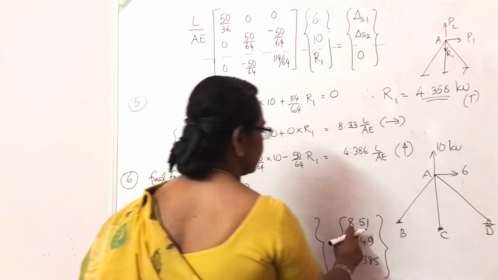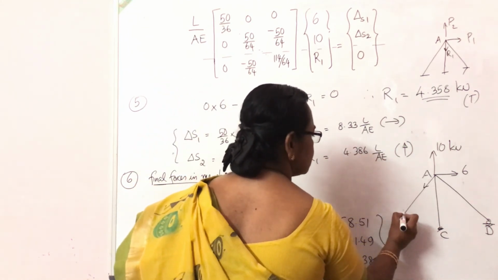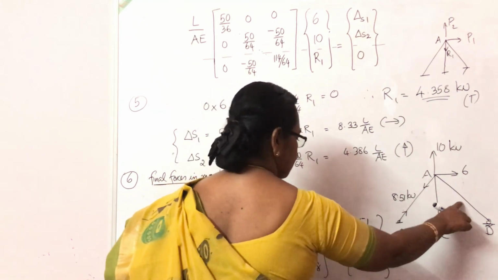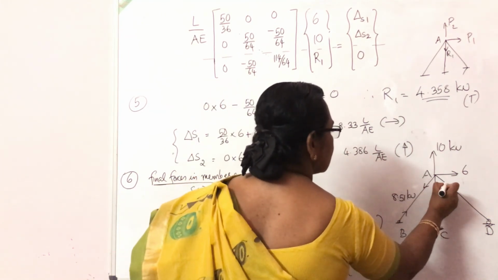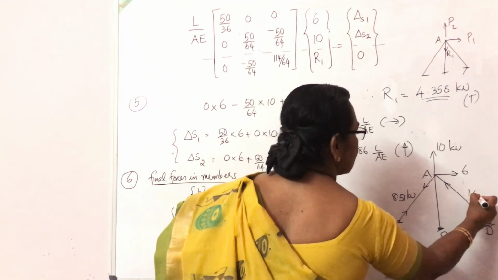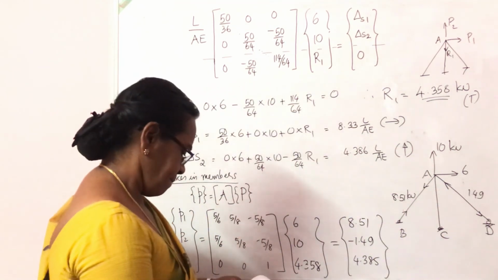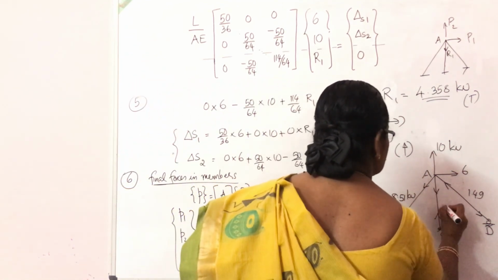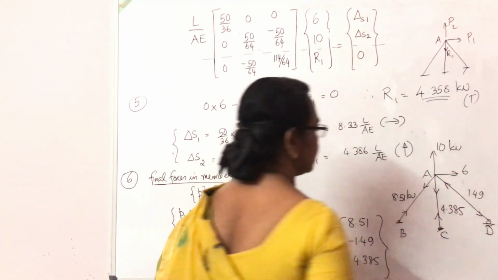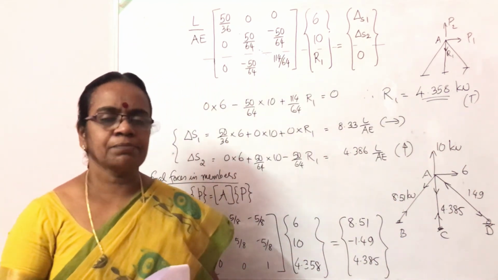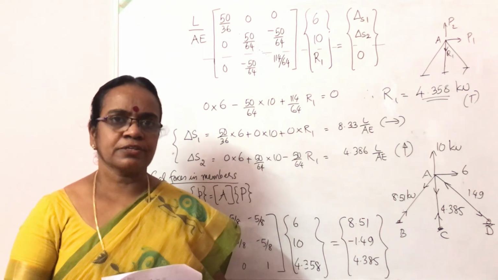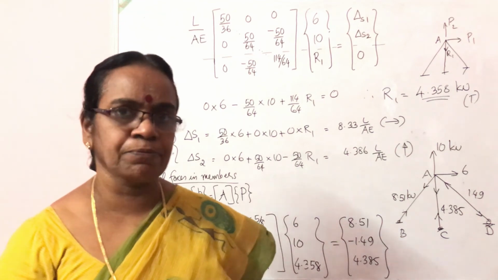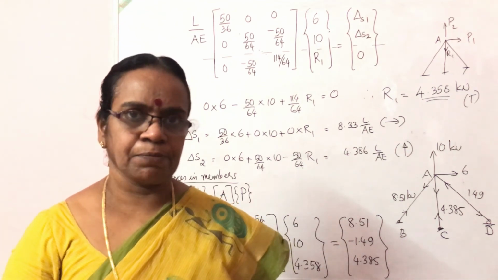Force in member 1 is 8.51 kilonewton tension. Force in member 2 is 1.49, compression. And the third member is 4.385, tension. So this completes the analysis of truss by flexibility method. In the next video, we will see the analysis of continuous beams by flexibility method, element approach. Thank you.